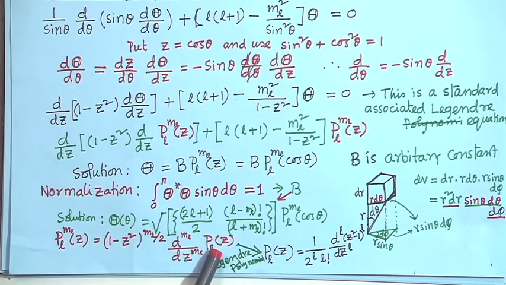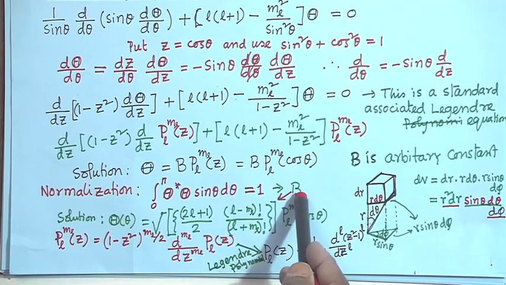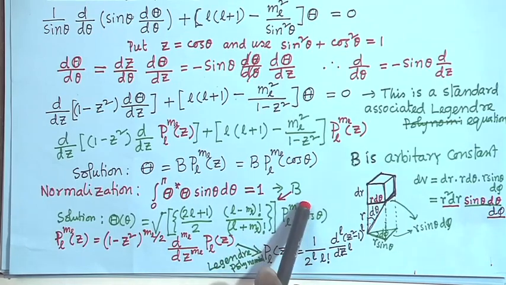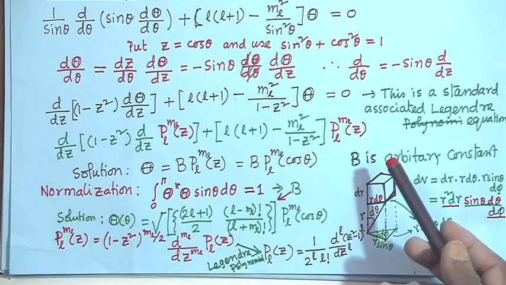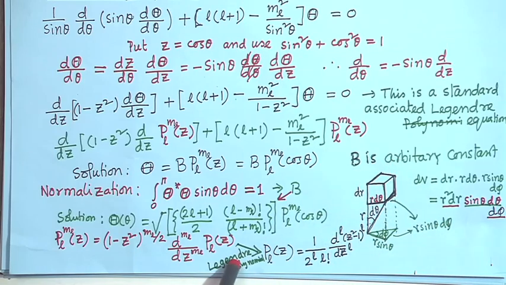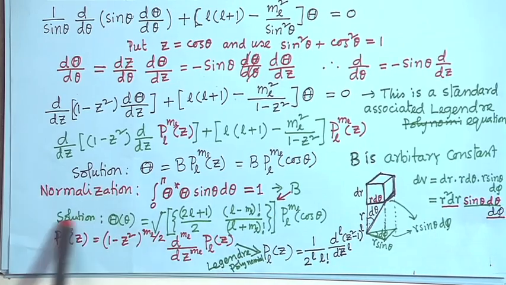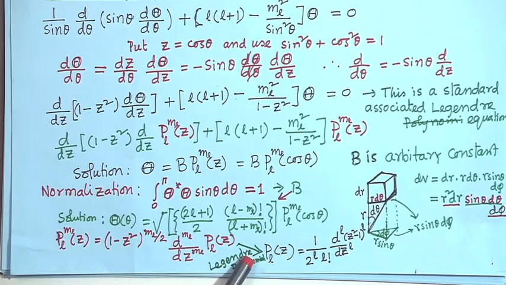When another term ML comes in, it is called the associated Legendre polynomial. So, they are related like this.